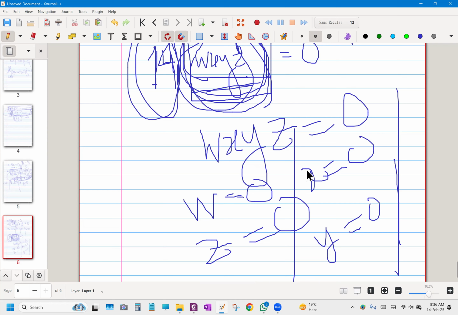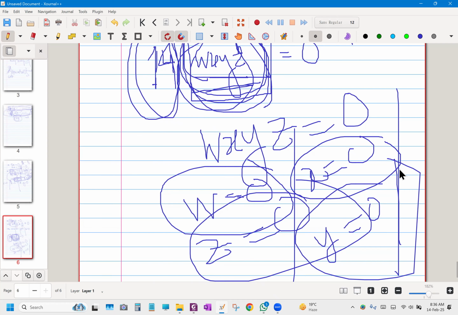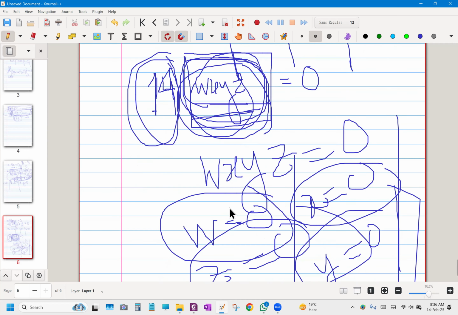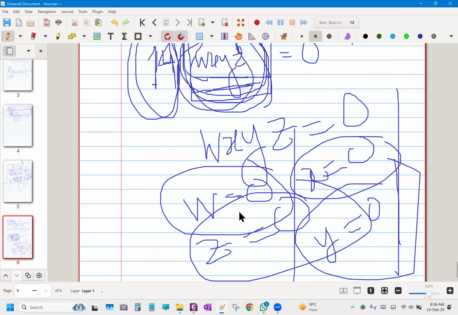These are four possibilities. Or maybe they all are 0, but we are not interested in that situation where everyone is 0. We are just saying that w equals 0, or x equals 0, or z equals 0, or y equals 0.